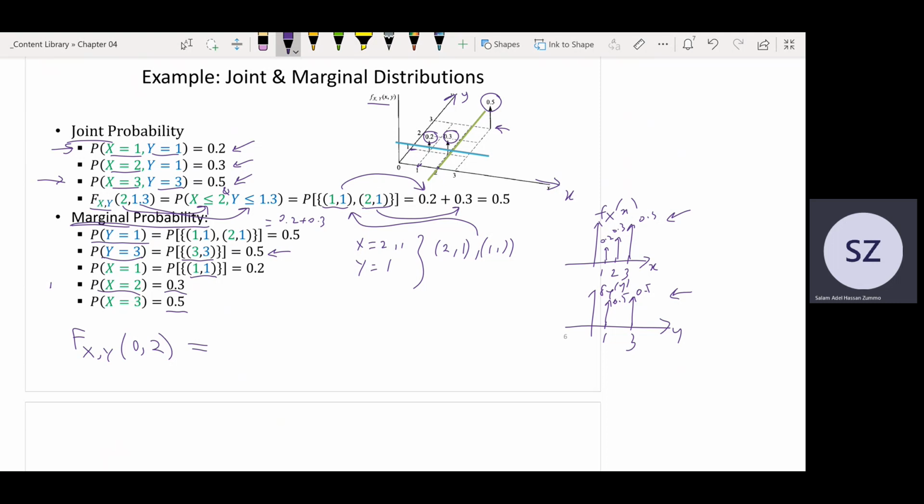How do we find this? We go back to the definition. The joint CDF, always go back to the definition, and then from the definition, go to the corresponding event, and then find the probability. Otherwise, you make mistakes. If you jump one of these steps without being skillful, you might make mistakes. To avoid any problems, always go back to the probability, the definition, and then translate into events, and then you'll find the probability.